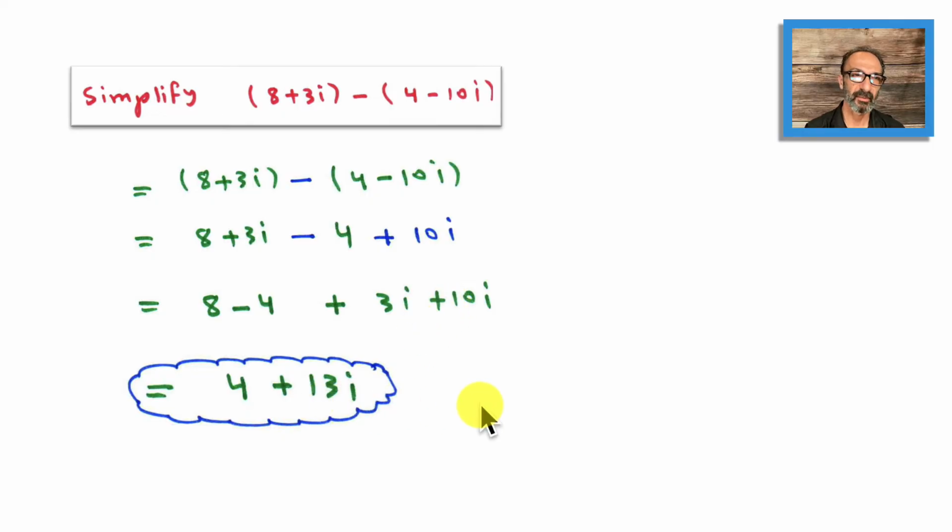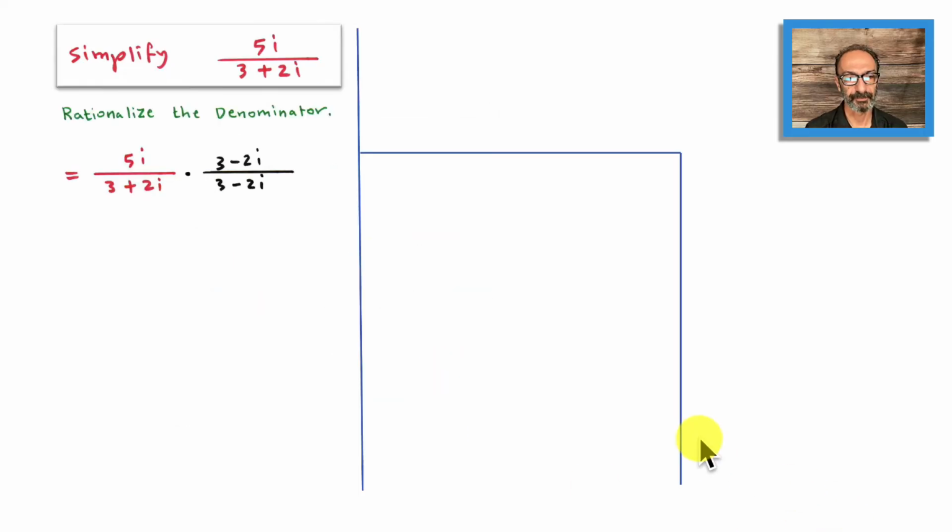Now the following example is division. For dividing, it's going to take more steps because you're going to be using multiplication, combining real parts and imaginary parts, and using i squared equals -1. So it has all of it. Let me show you what I mean. Here's the example.